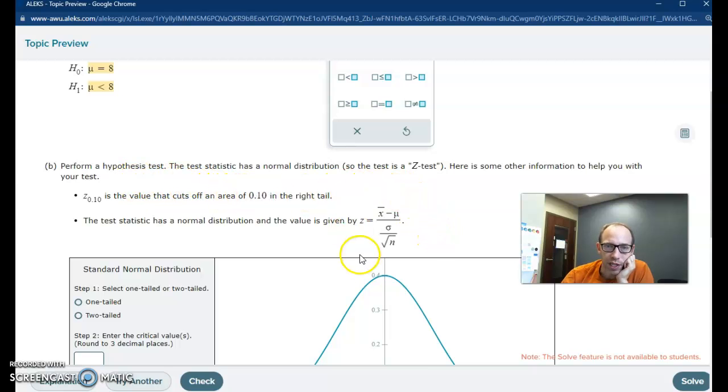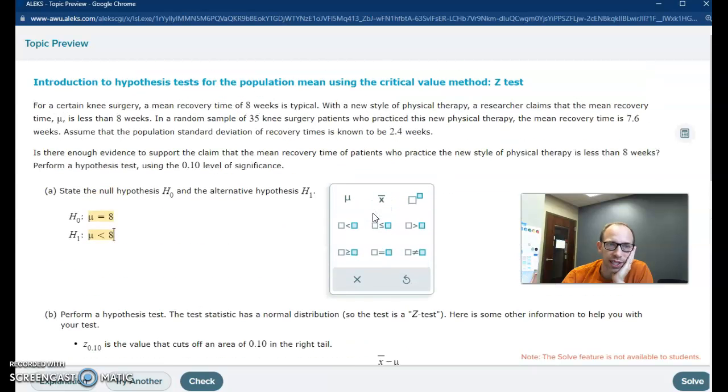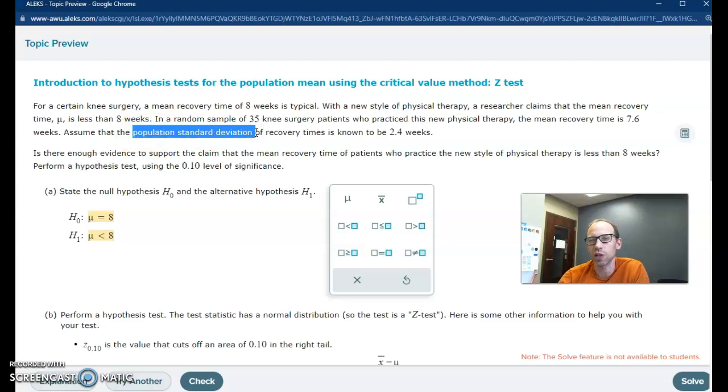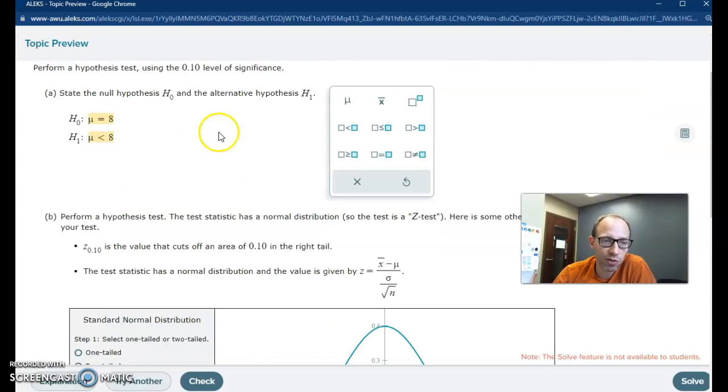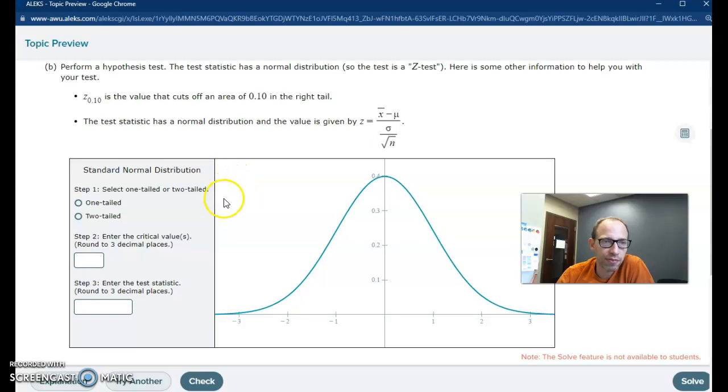Okay, perform the hypothesis test. So here's where we need to calculate a z-test statistic, and we're doing a z because we know the population standard deviation, or we're assuming that. If we didn't know that, we'd be doing the same process but with a t distribution instead of a z.